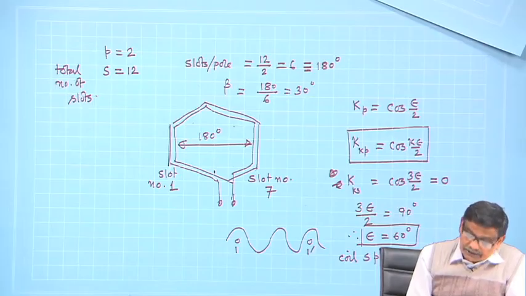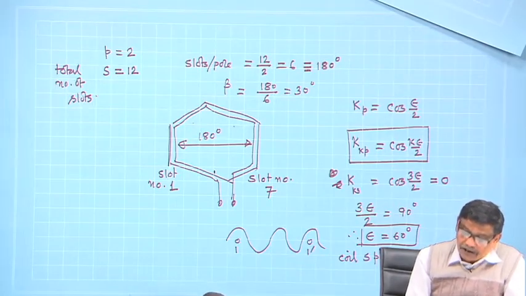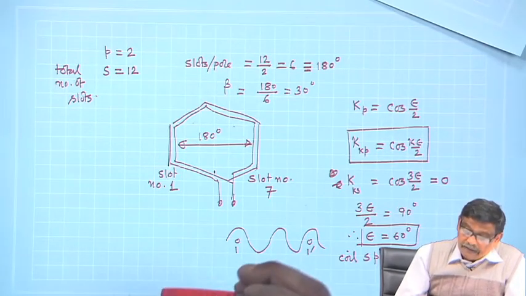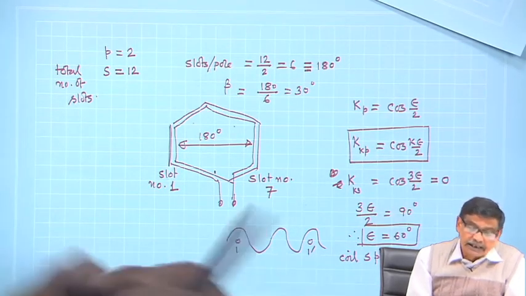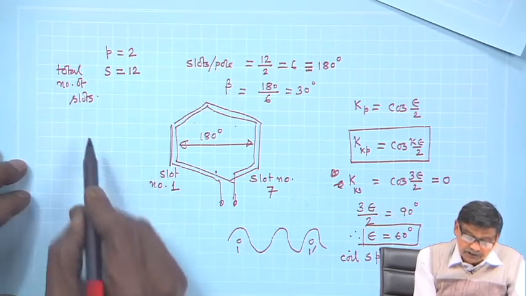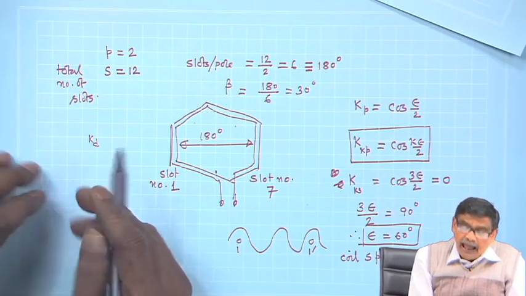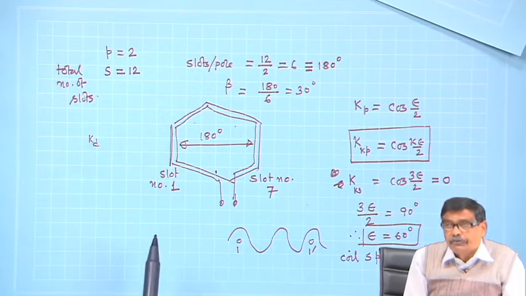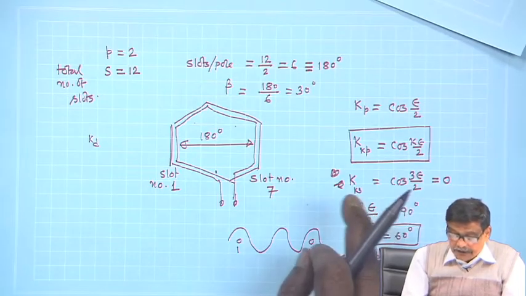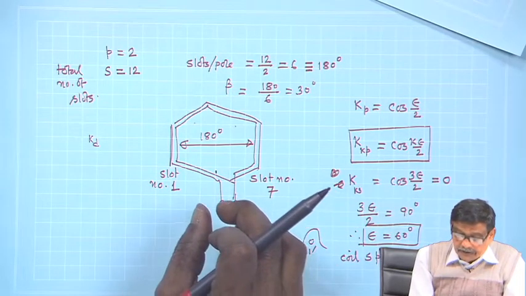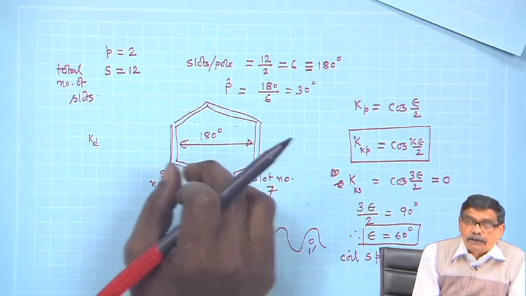So, voltage induced gets reduced by both distributing the coils, which is taken care of by the distribution factor Kd, and it is also reduced because of the use of short pitched coils.